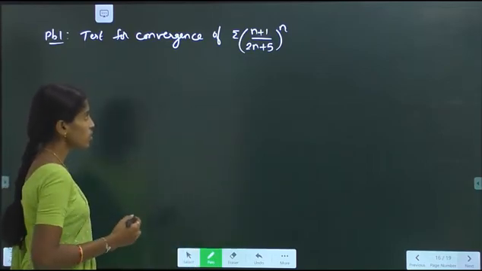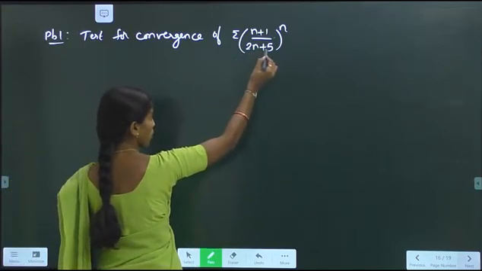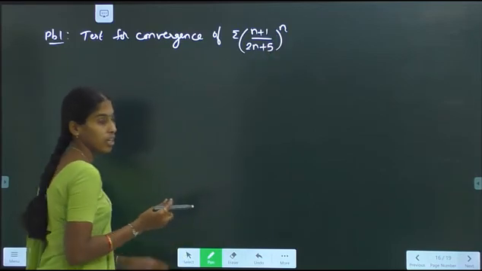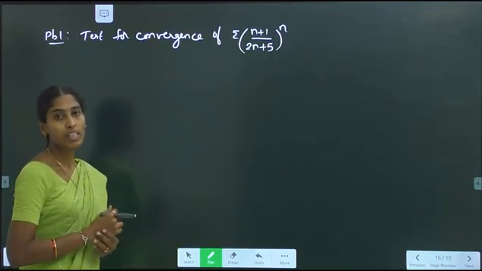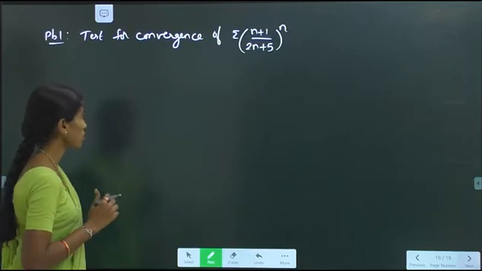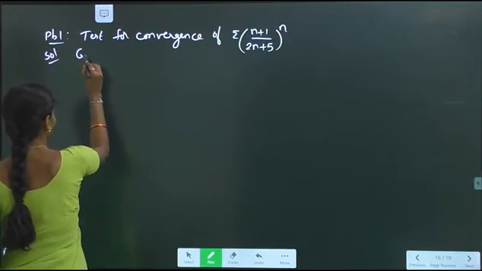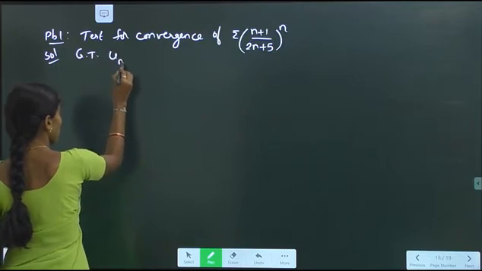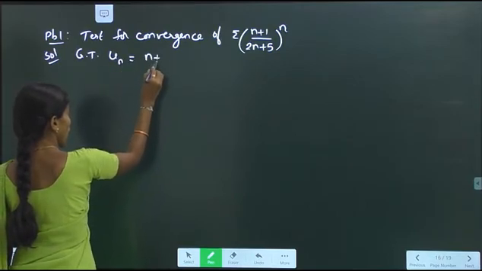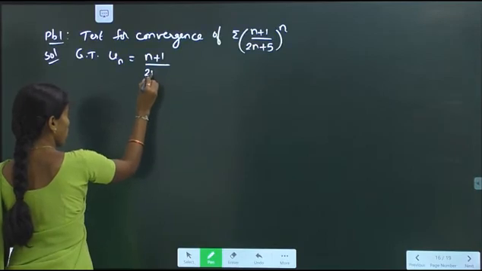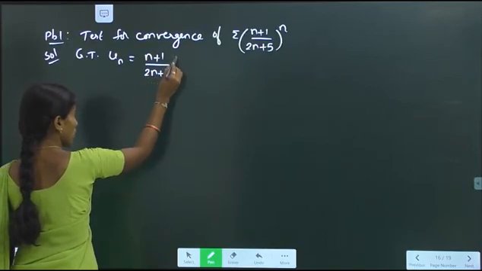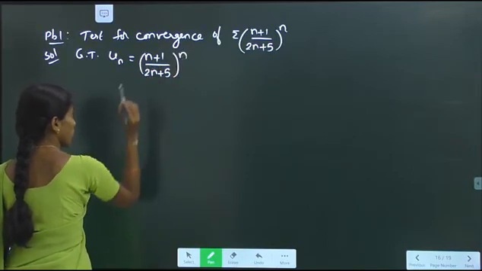Test for convergence of sigma n plus 1 by 2n plus 5 whole to the power n. Term whole to the power n is there, then we apply the Cauchy's nth root test. What is un here? Un is n plus 1 by 2n plus 5 whole to the power n.